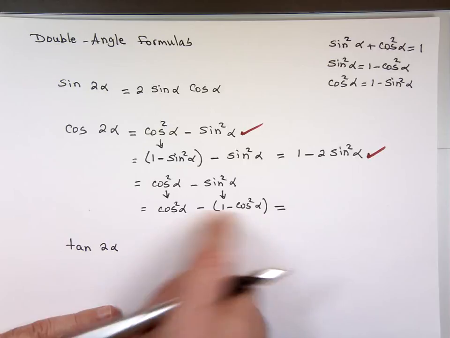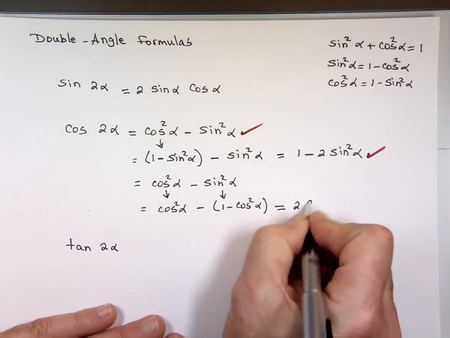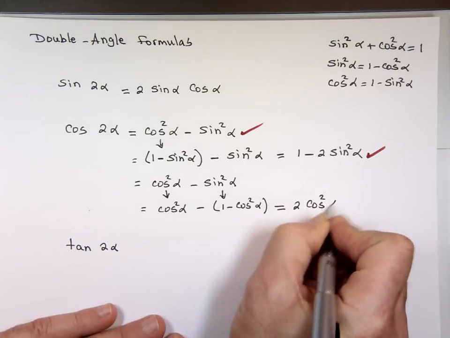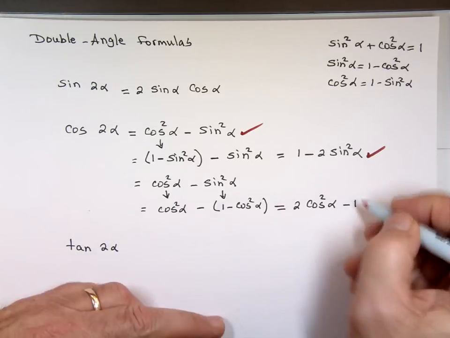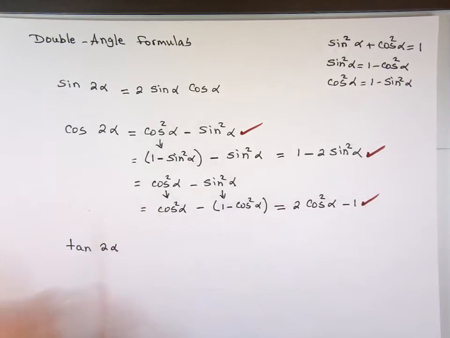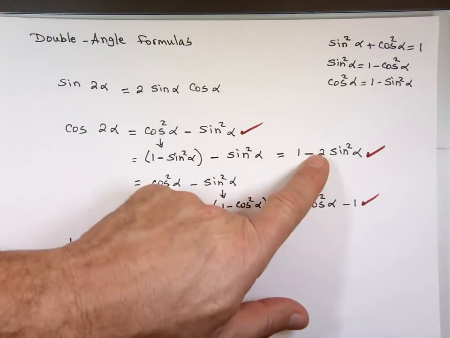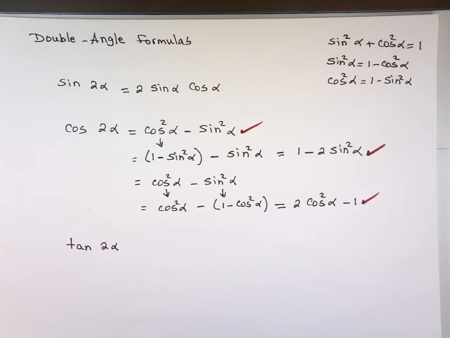So you'll have 2 cosine squared alpha minus 1. So these are the three equivalents of cosine 2 alpha. It's this one, or that one, or this one. You can use any one of them. Which one you want to use depends on which one makes the problem easier. We'll do some examples shortly.